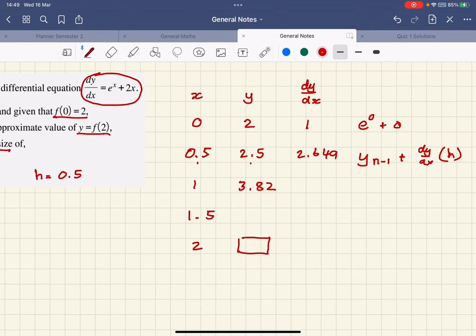Okay, we go through the dy by dx process again. So we have e to the power of 1 plus 2, which gives me 4.718. I take my 4.718, I times it by a half, because that's h. I add on 3.82, and I will get, if I can just get my calculation right, 6.179.